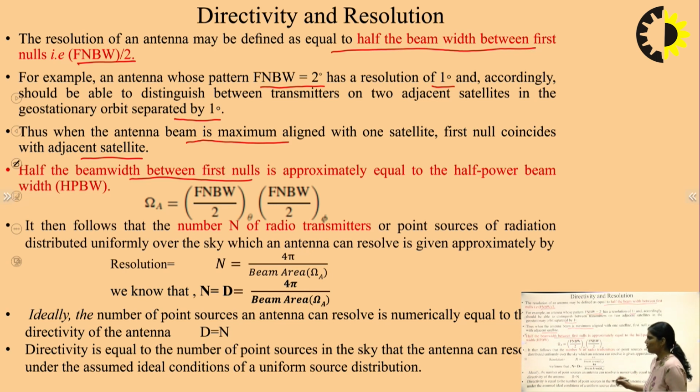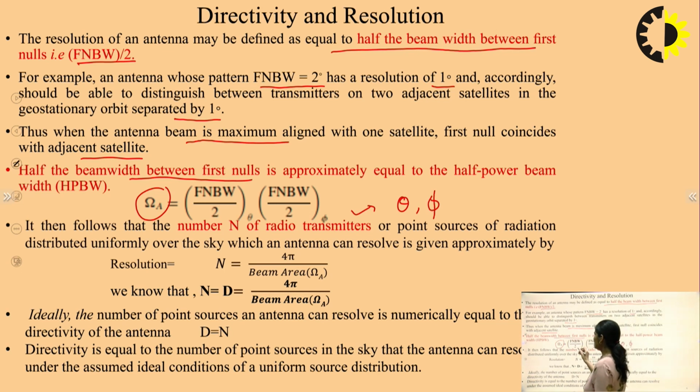Now half the beamwidth between first nulls is approximately equal to the half power beamwidth. The beam area, represented as omega A, is equal to the first null beamwidth divided by 2, in the form of theta and phi. So first null beamwidth divided by 2 in theta, and first null beamwidth divided by 2 in phi.